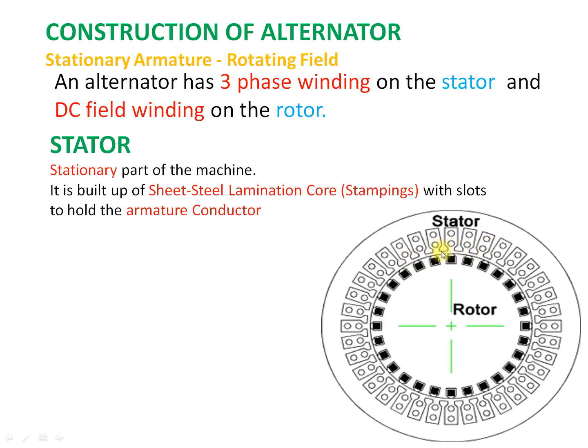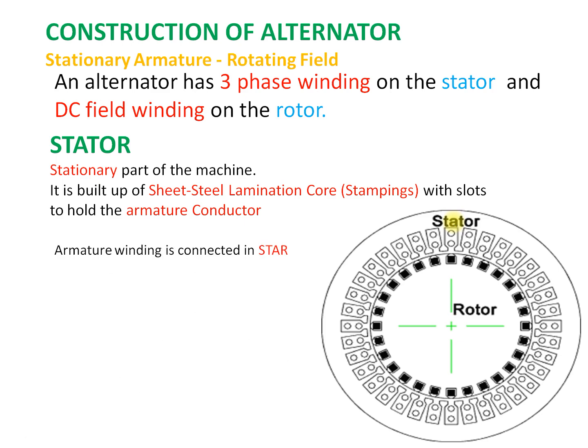These slots may be open or closed depending upon the voltage for which the stator is going to be designed, and they are designed for a given voltage rating or power rating of the machine. These stampings are collected and riveted, and fixed on the periphery of the stator.